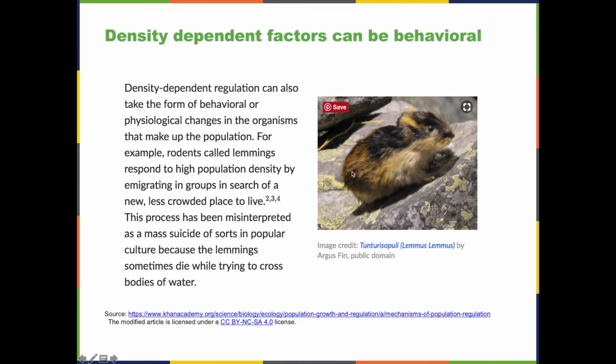And sometimes when these lemmings want to go somewhere else, they have to cross a body of water, and many of them die. This has given the myth that lemmings like to commit suicide, but actually it's a behavioral response to density-dependent factors. The resources are so limited that the animals want to pick up and go somewhere else where they can find resources.